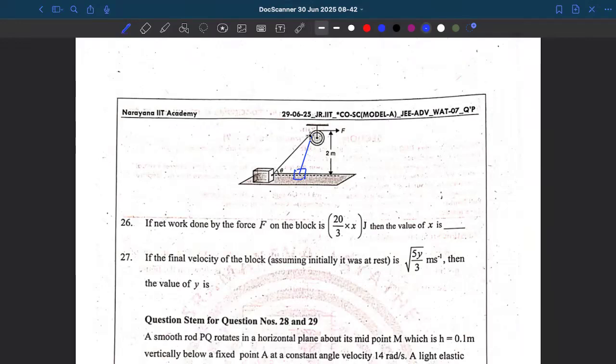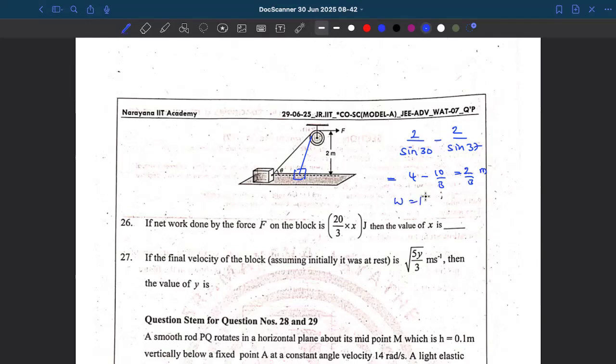Initially it is 2 by sin 30, finally 2 by sin 37. 4 minus sin 37, that is 3 by 5, so 10 by 3, 2 by 3 meters.